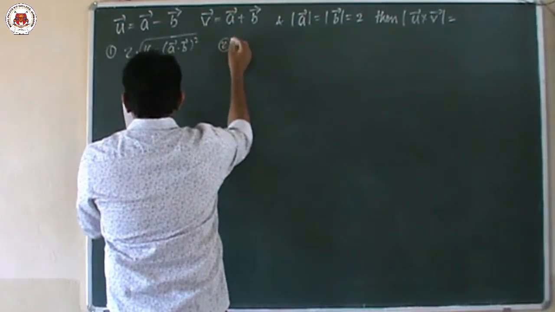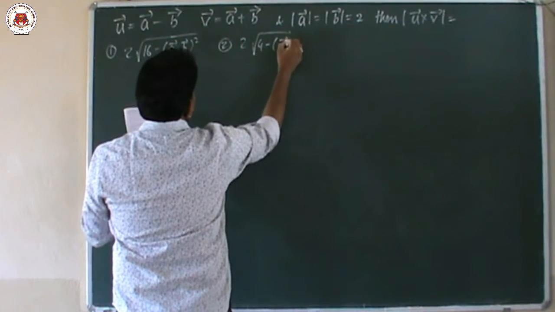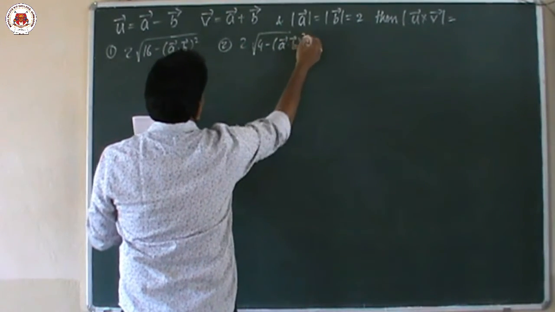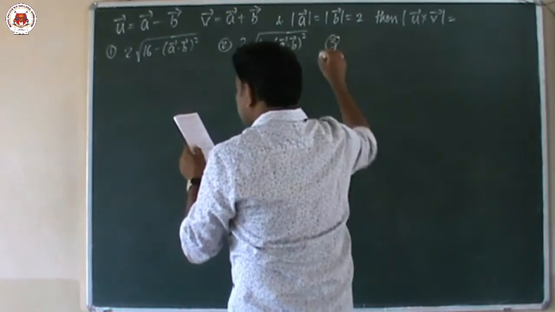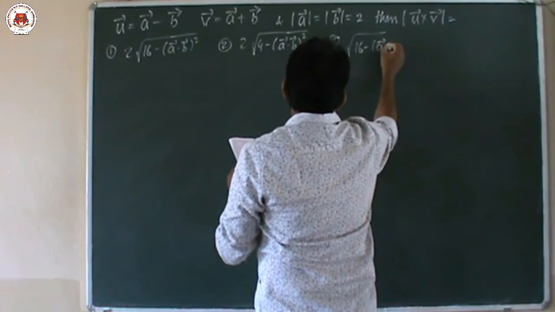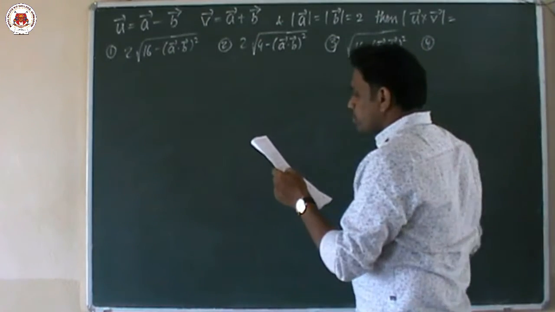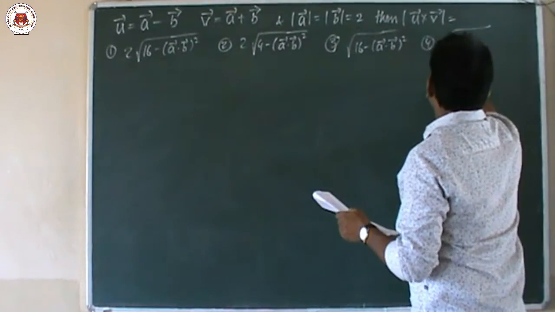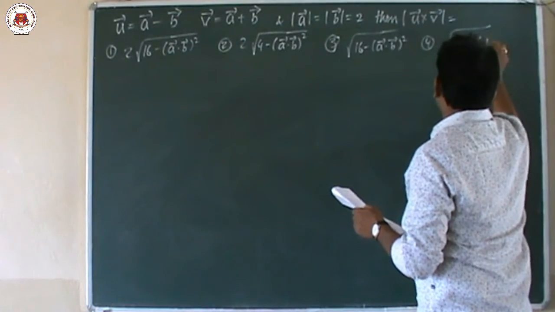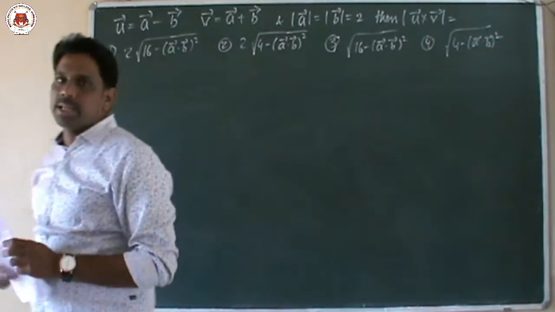The second option is 2 into square root of 4 minus vector a dot vector b whole square. The third option is square root of 16 minus vector a dot vector b whole square, and the fourth option is square root of 4 minus vector a dot vector b whole square. There are totally 4 options given.